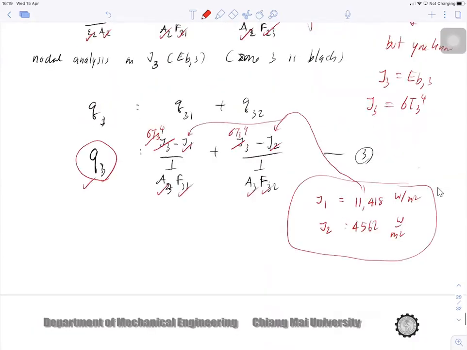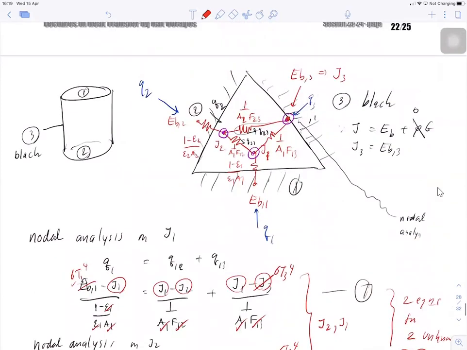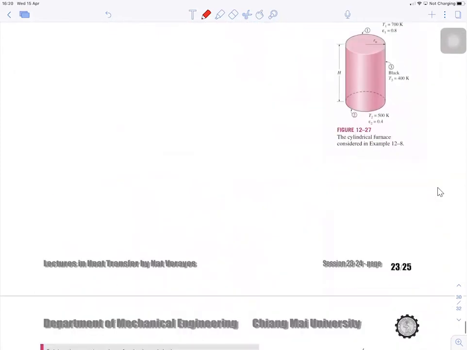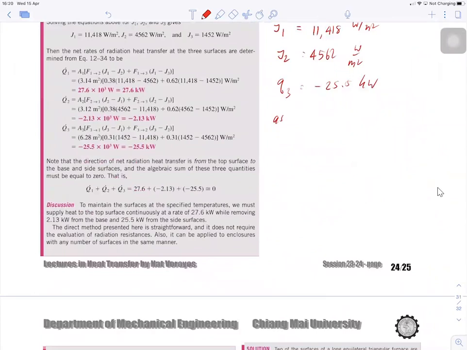How do you find Q1 and Q2 again? Well, take a look at the picture. Q1 passing through EB1 to J1 across (1 minus epsilon 1) over epsilon 1 A1.